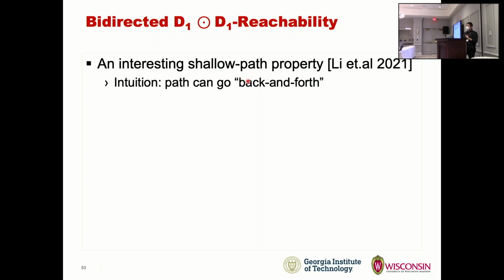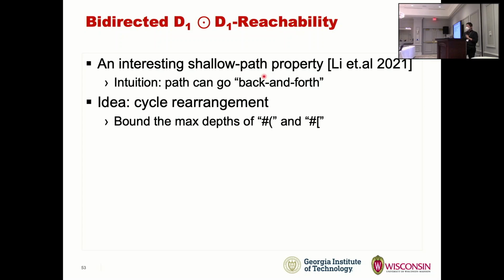Intuitively, it means that a path between two points can go back and forth between these two points. The consequence is that by going back and forth, it can actually reduce the maximum number of the two counters. We call it a shallow path. Shallow path means that we can bound the maximum numbers of these two counters.